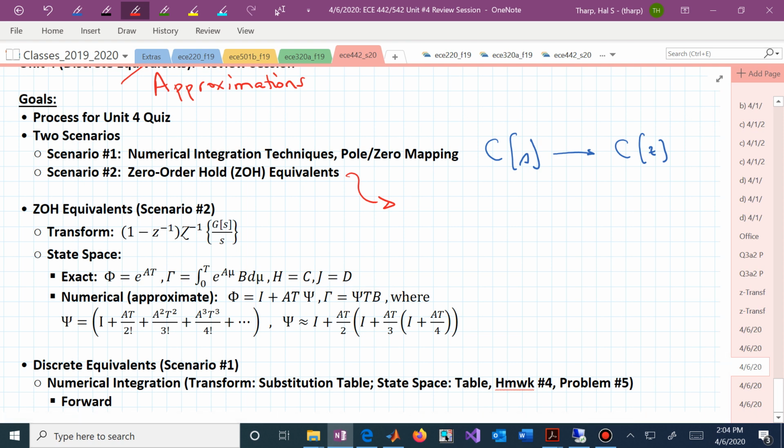Scenario number 2 is where we actually have a zero order hold and a plant.